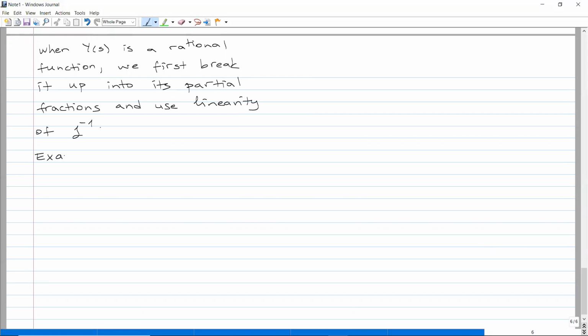Okay, so let's do some examples again. Let's find the inverse Laplace of the function 1 over s squared minus 5s plus 4.